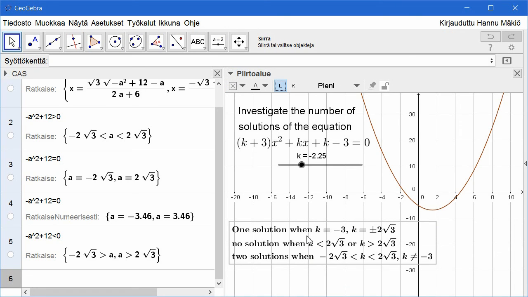And finally I can write down what the answer was.